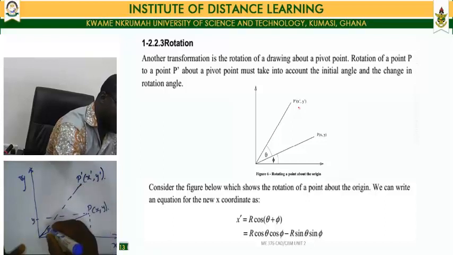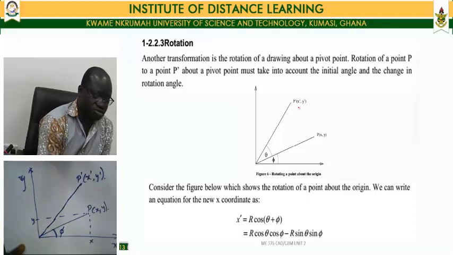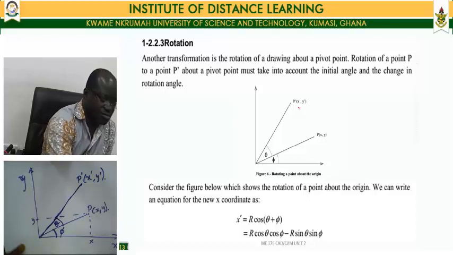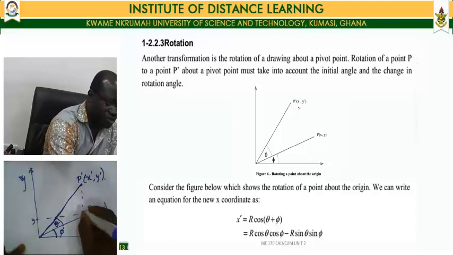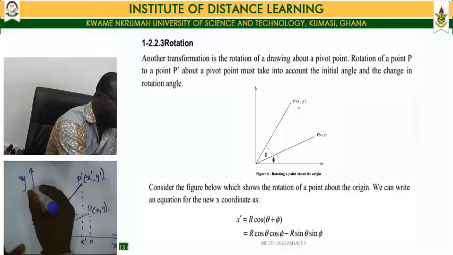Let's say this point. So this is a new coordinate. That is moving this point through a rotation angle of theta. We define a new position of x prime, a new position of y prime.